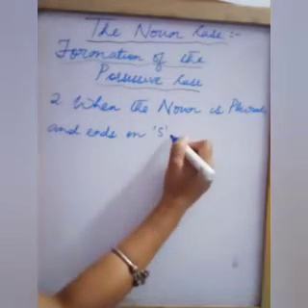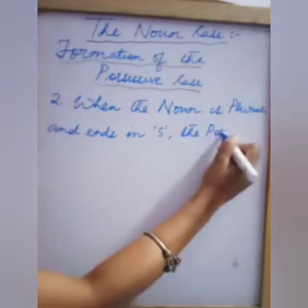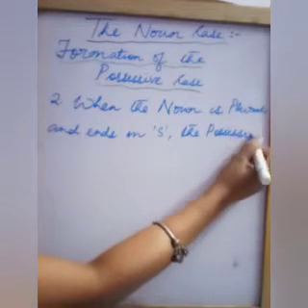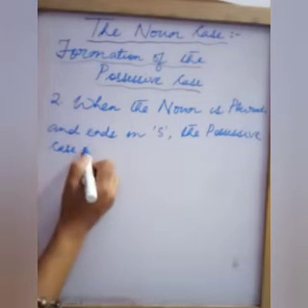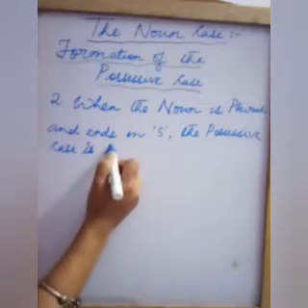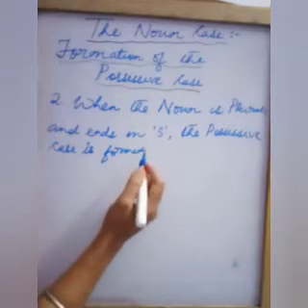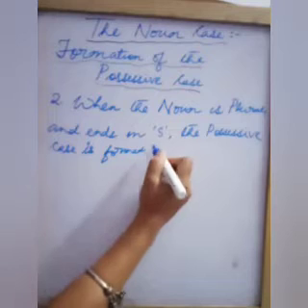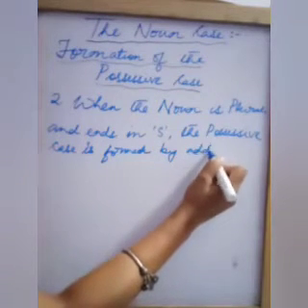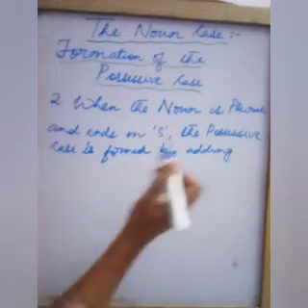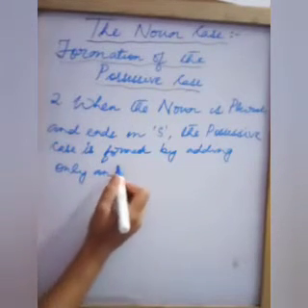The possessive case is formed by adding only an apostrophe.